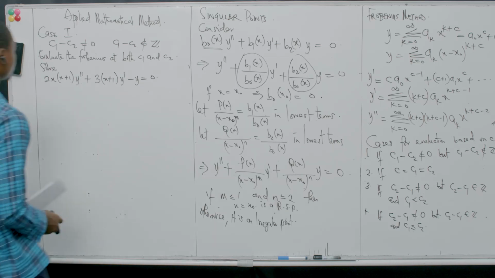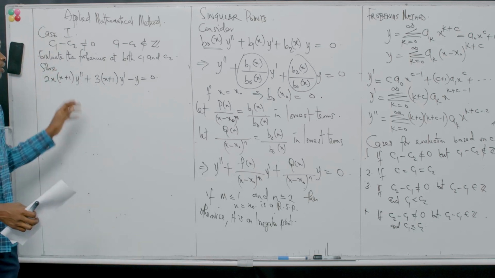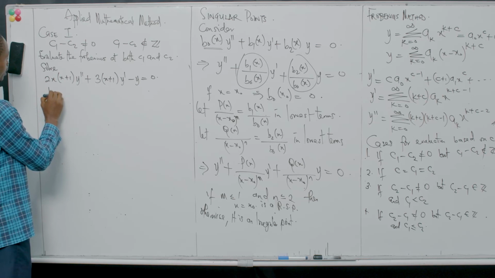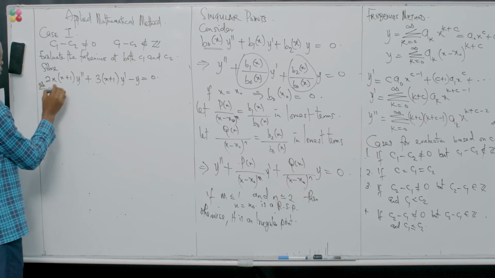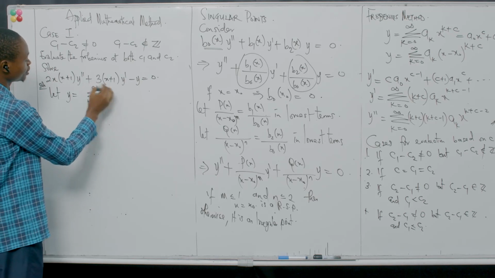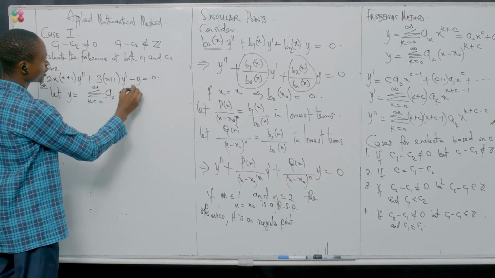So this is our first question. Remember, the first goal is to make our substitutions for y. So let y be equal to the summation k starting from 0 to infinity of ak x to the power k plus c.